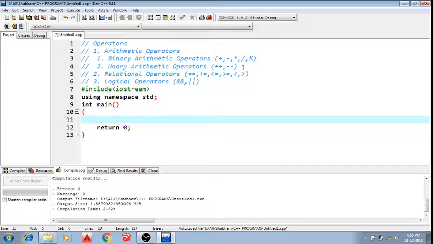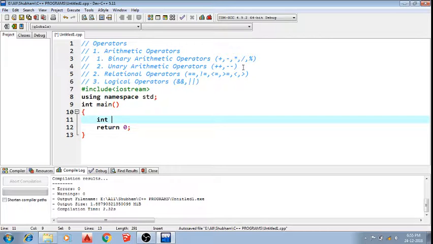Okay, so let's consider some gates. Probably you know about some gates from digital electronics. Suppose there are AND gates, suppose OR gates. Generally there are two inputs, but there are many gates available in the market with not just two inputs, some with three inputs, four inputs, and so on.